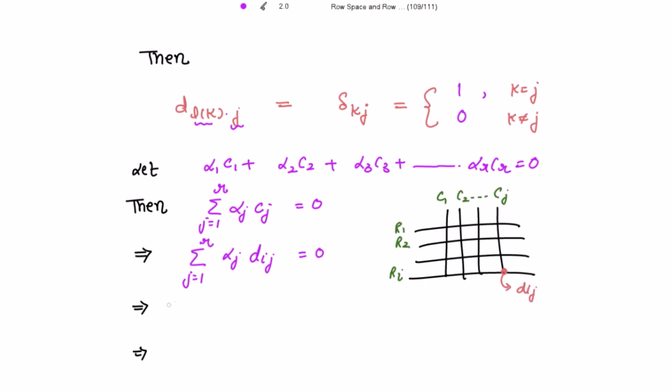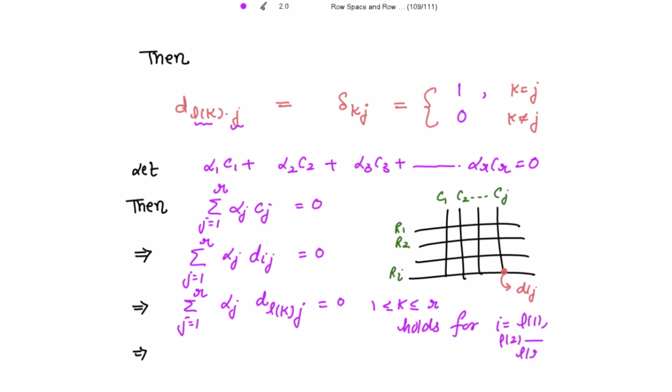So this implies the summation over j from 1 to r of alpha j D_ij. Now instead of i, I write the row indices Lk, as k goes from 1 to r, and this holds for i equal to L1, L2, up to Lr.